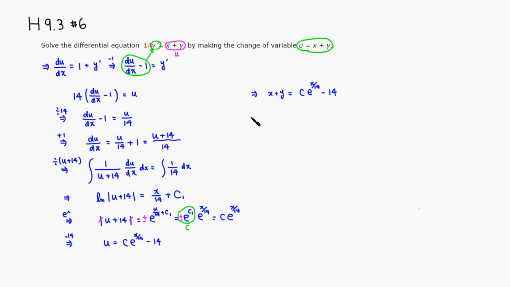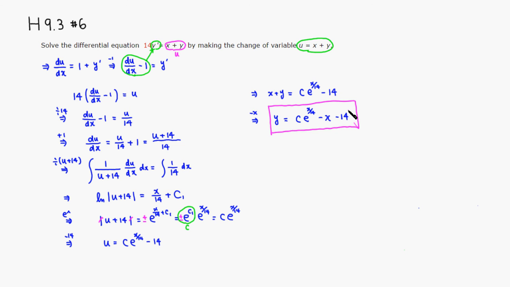Then I'm going to subtract x so that I can isolate y, because y is the solution. So you have c times e to the x over 14 minus x minus 14. And that's the solution of the differential equation.